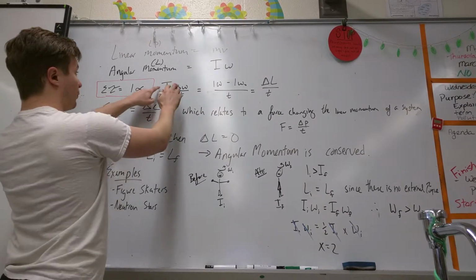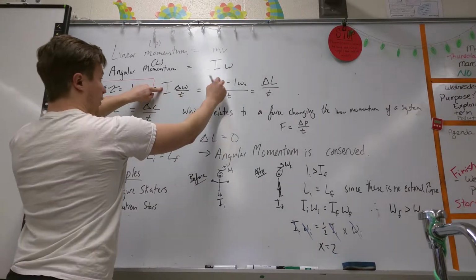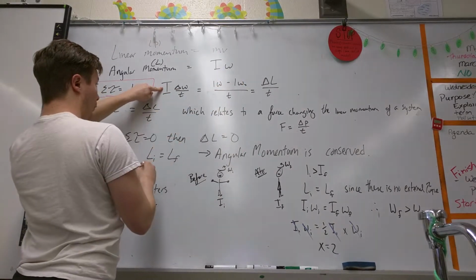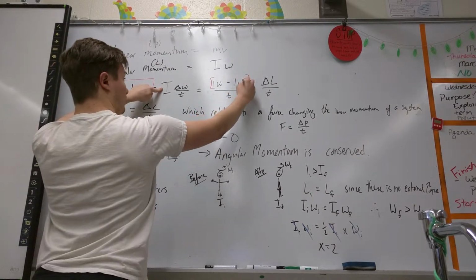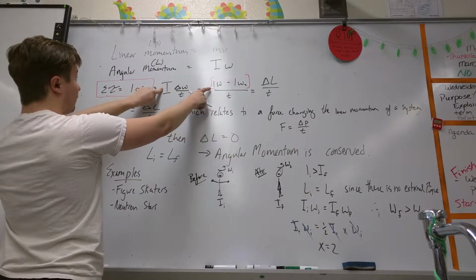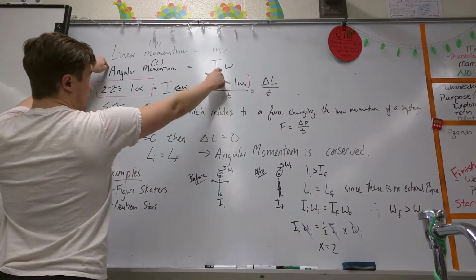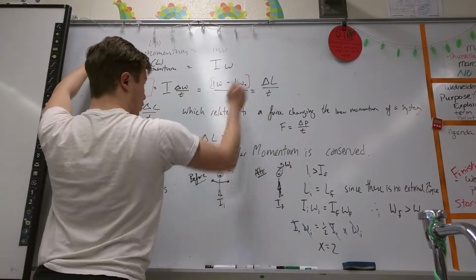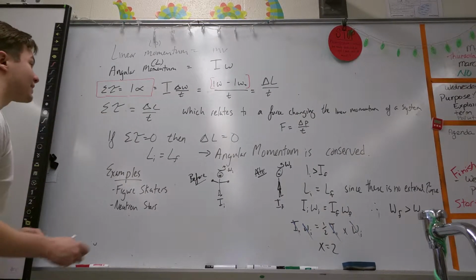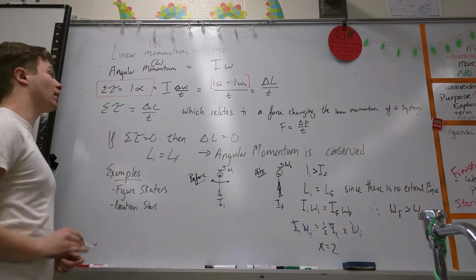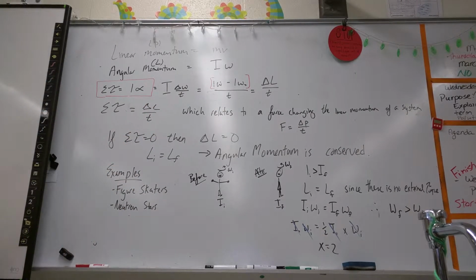If I distribute the I to the omega final and the omega initial, I can call this term my change in L, my change in angular momentum. So final minus initial is my change in angular momentum. The relationship I have then is the sum of all the torques is equal to the change in angular momentum over the time that the torque is being applied.